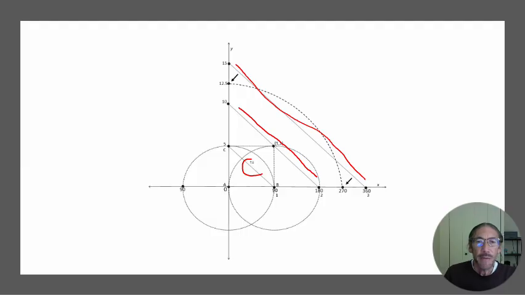This is 5 and 5, so 5 squared plus 5 squared equals c squared, 50, and it becomes 7.1. Here you have 90, 180, and 270 rather than 360.